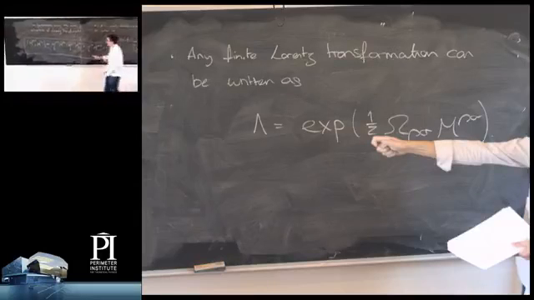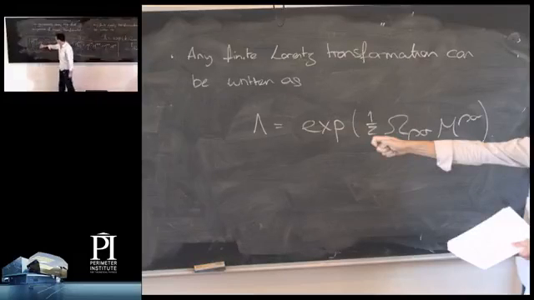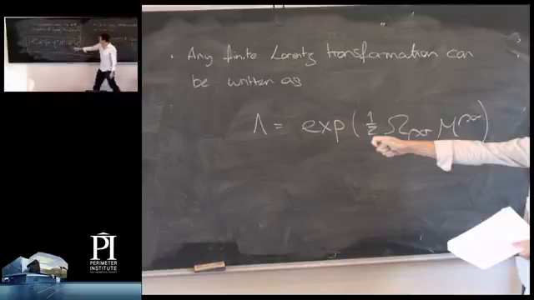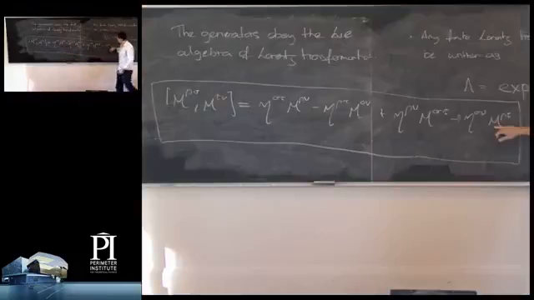Again, just to stress, this is a 4x4 matrix, and I'm commuting it with the 4x4 matrix, but I'm dropping the mu nu labels because there's already enough labels in this equation. Each of these is a 4x4 matrix where the row and column labels have been left implicit.